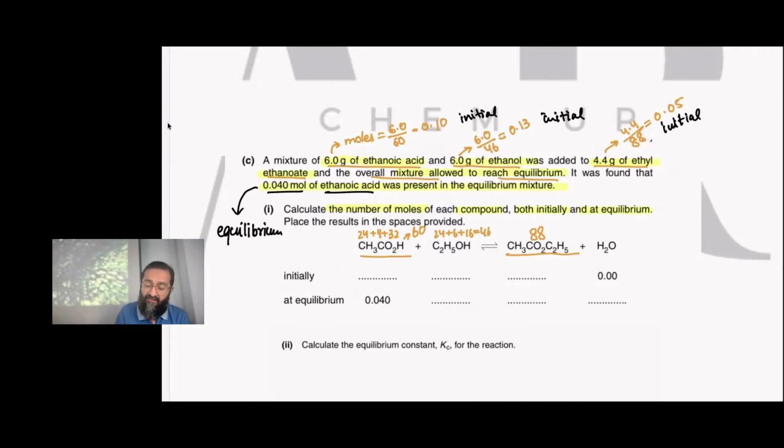What they gave you is 6 gram of ethanoic acid, 6 gram of ethanol, and 4.4 gram of ethyl ethanoate. You mix all of them, and then you allow the reaction to reach equilibrium. So it means these masses which are allowed to react are the initial amounts. From these initial amounts, we got the initial moles. Is this clear?